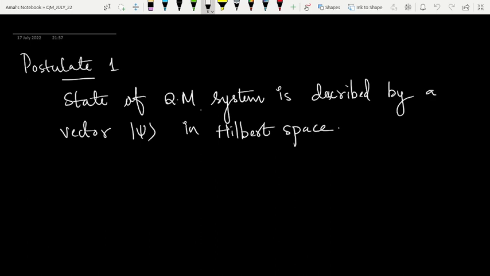So today also we are continuing in that direction. That is, we are going to learn some more definitions. Actually, two more definitions we need to understand what a Hilbert space is.